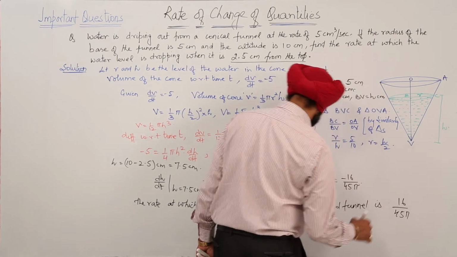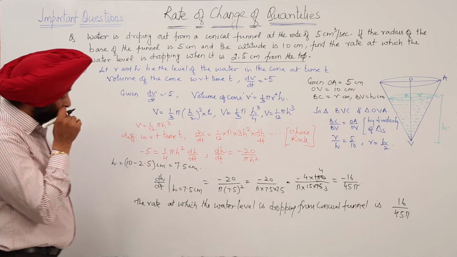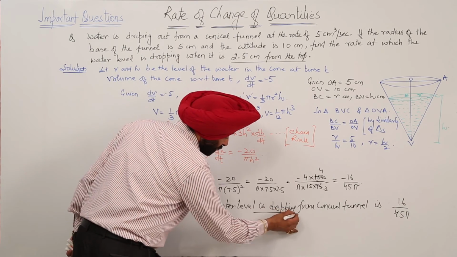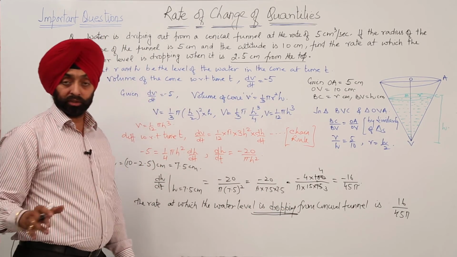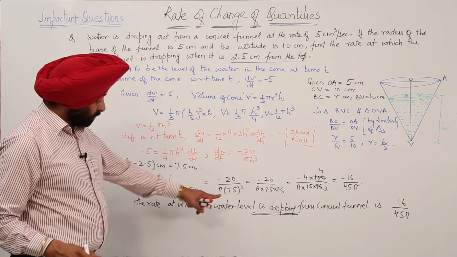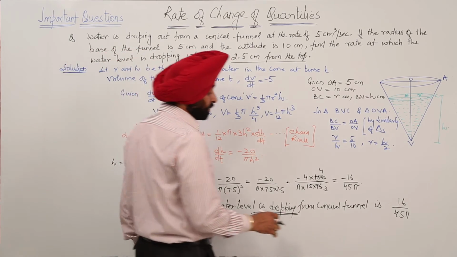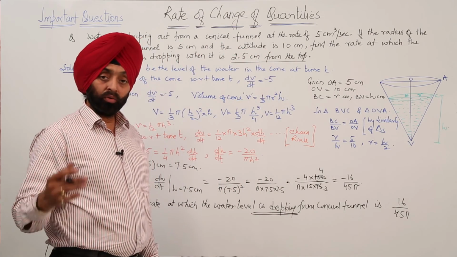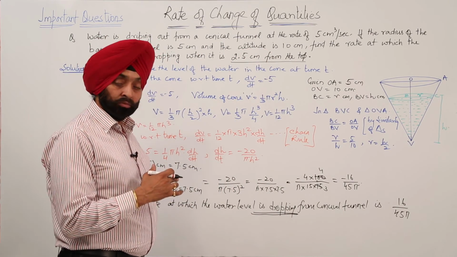Now water level is dropping means it is decreasing. Okay, the rate at which the water level is dropping from the conical funnel is 16 upon 45 pi. Now what is the unit?